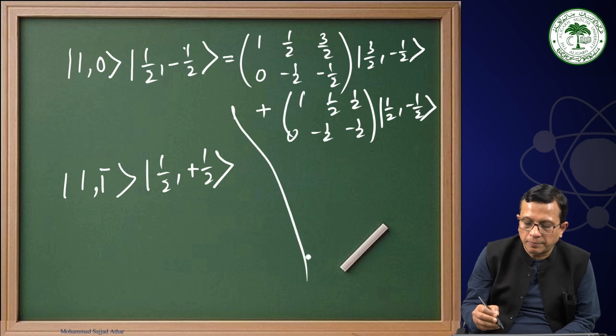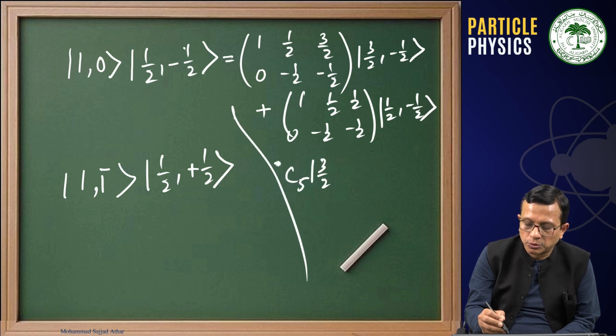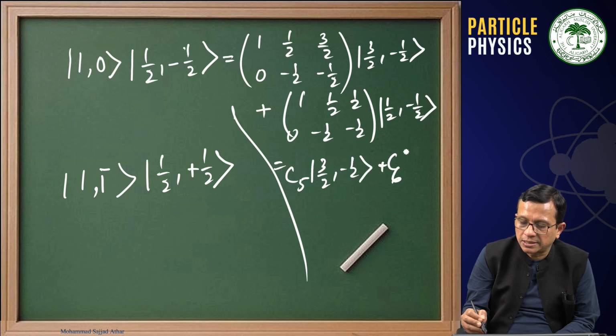Let us call them C5, 3 by 2 minus half, plus C6, half minus half.